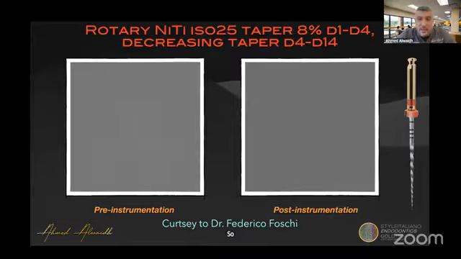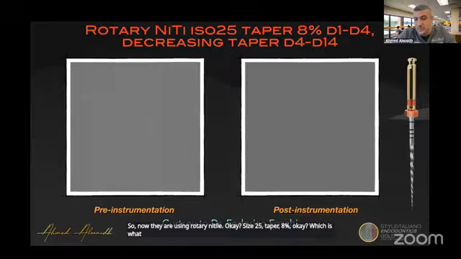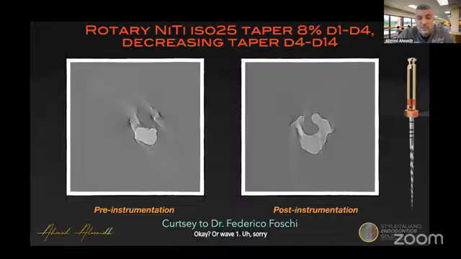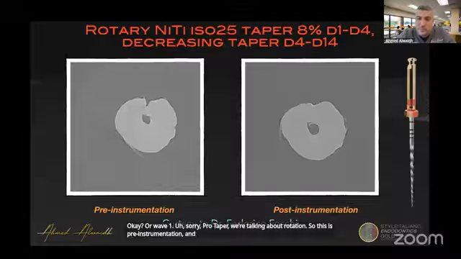So now they are using rotary NiTi, size 25, taper 8%, which is the ProTaper or Wave 1. ProTaper, we're talking about rotation. So this is pre-instrumentation and this is post-instrumentation.